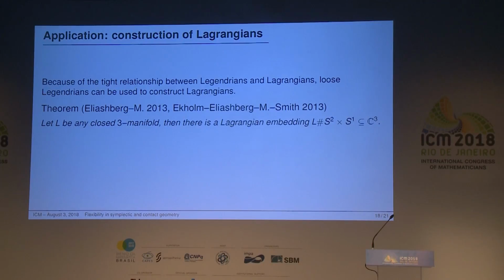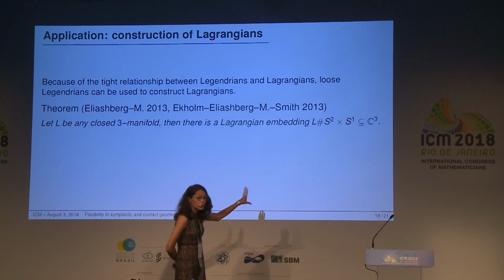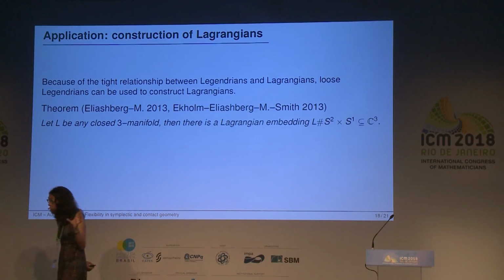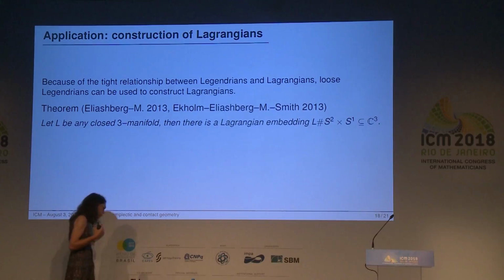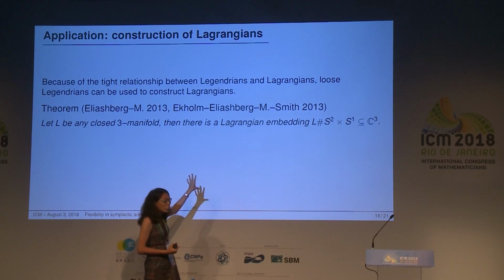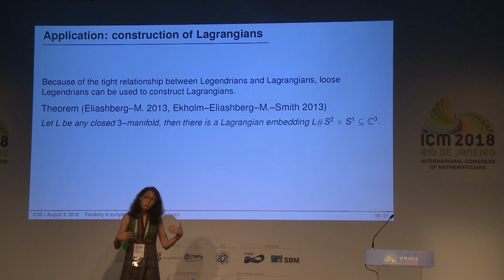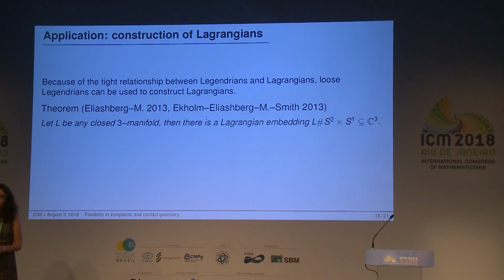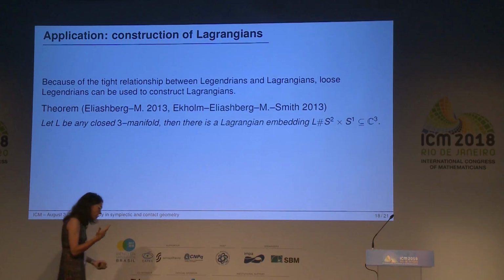Now, just for a bit of context, it's been known for a long time that if you connect sum sufficiently many copies of S^2 cross S^1, this is always possible. The basic reason is that you can prove that any L always will immerse as a Lagrangian into C^3. And then once it's immersed, you can take your double points and do some sort of surgery operation.